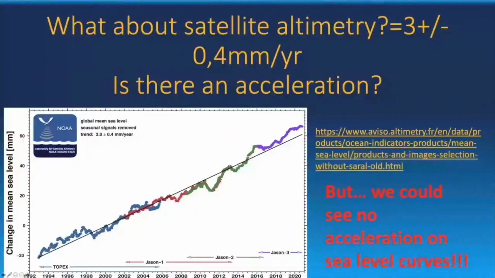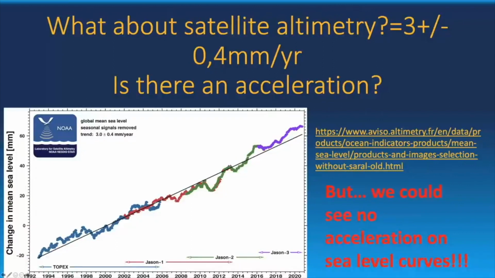Of course, you can also use satellite altimetry. Satellite altimetry should give us apparently some global trend about all the Earth. And the number is 3 millimeters, which is more than the average, as you see.